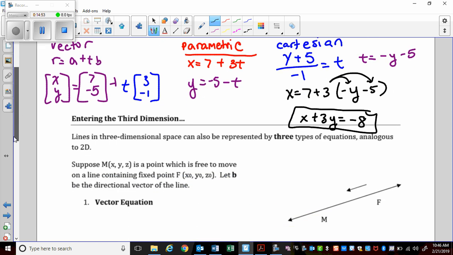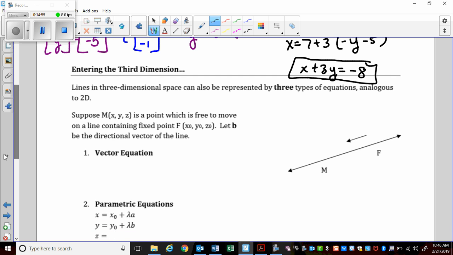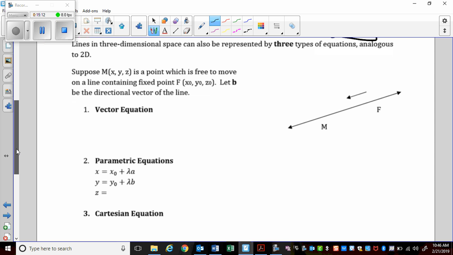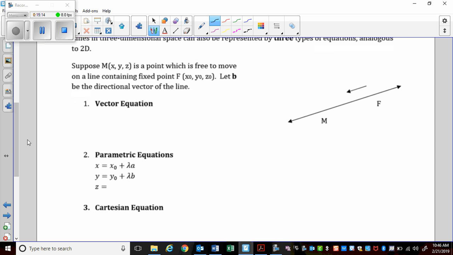Now let's look at what happens when we add this third dimension. Lines in three-dimensional space can also be represented by three types of equations. Similar to 2D, suppose M(x, y, z) is a point which is free to move on a line containing a fixed point F, and let B be the directional vector of the line. So my vector equation is going to be the same.